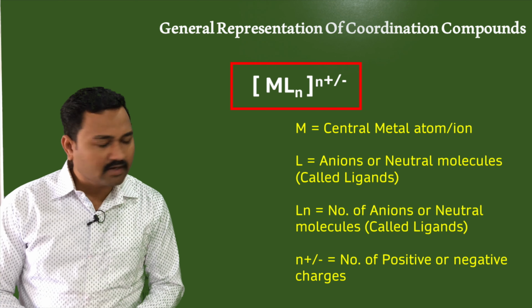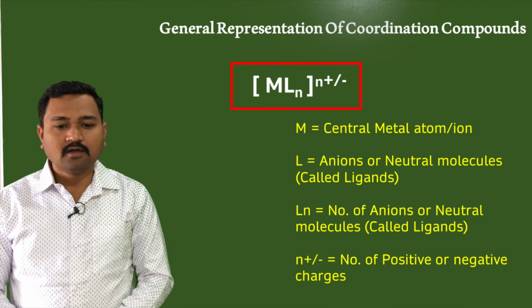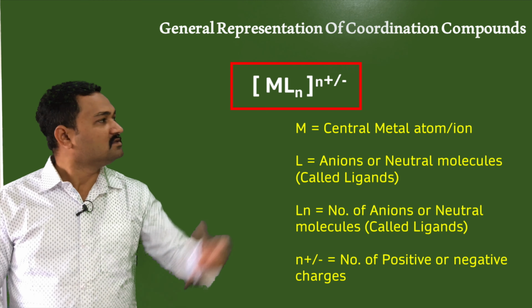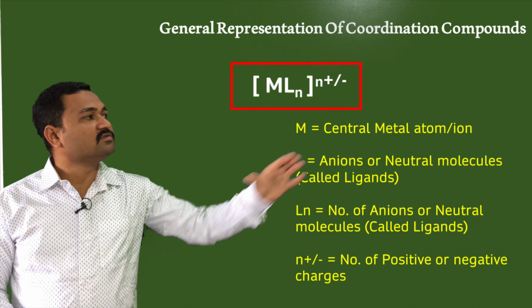This is the simple representation of a coordination compound that I have shown here. So just remember this basic structure for the rest of chapter 1, which is very essential.